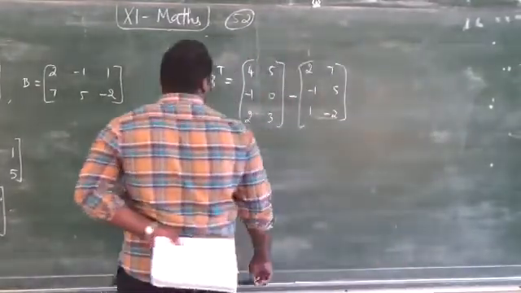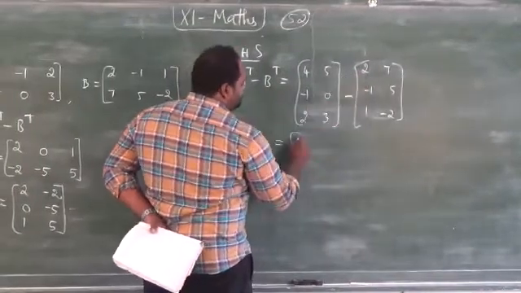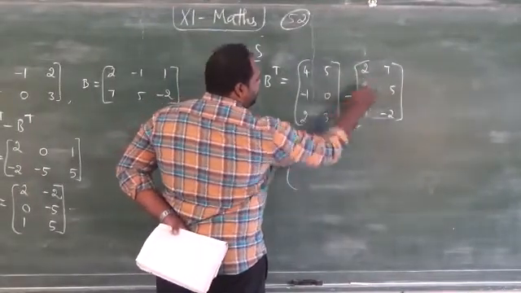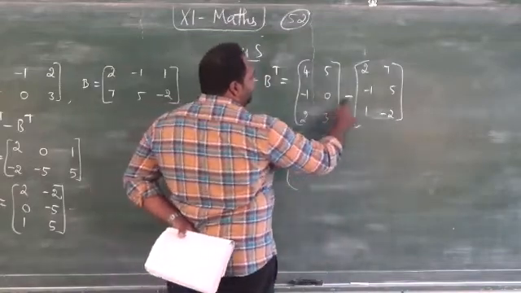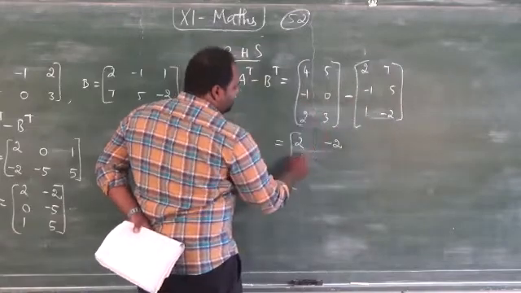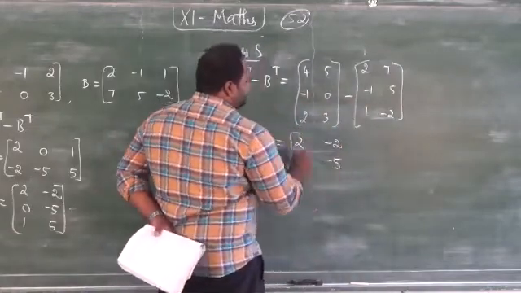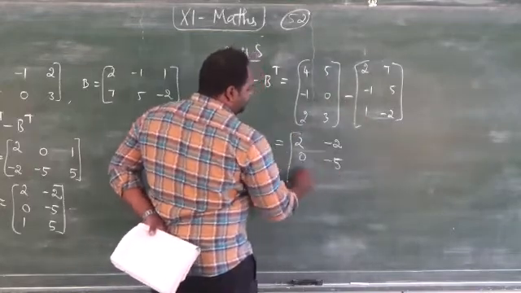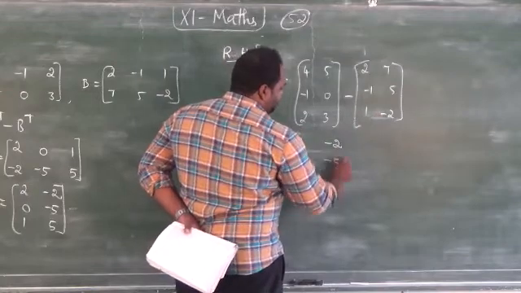So when you subtract the two matrices: 4 minus 2 is 2, 5 minus 7 is minus 2, minus 1 minus into minus becomes plus, so minus 1 plus 1 is 0, 0 minus 5 is minus 5, 2 minus 1 is 1, 3 minus into minus plus 5.